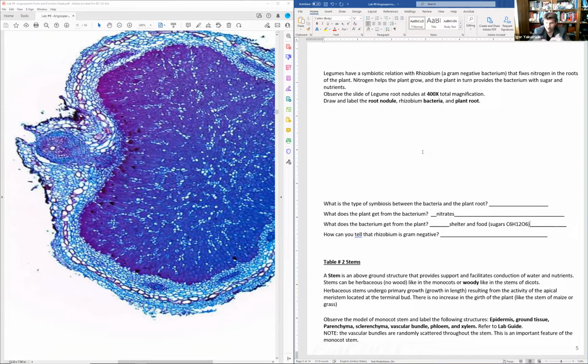See, sugars, glucose, C6H12O6. This is what the bacteria gets.